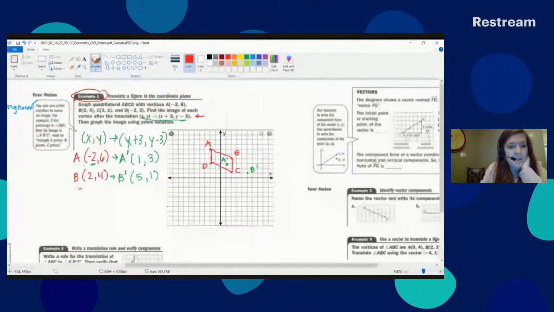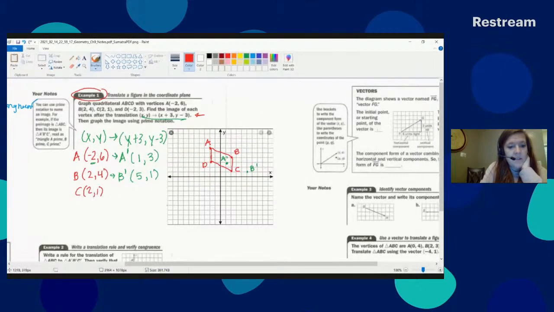C is at 2, 1. C prime is at, I have it written down here, 5, -2. And D is at -2, 3, which makes D prime at 1, 0. So let's put those on here. C prime is at 5, -2, and D prime is at 1, 0 right here.